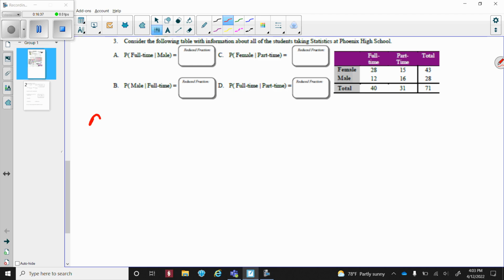The probability that someone is full-time given they're male can be rewritten as the probability that someone is full-time and they are male divided by the probability that they are male.